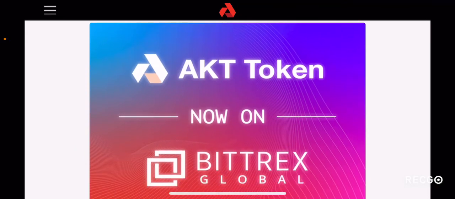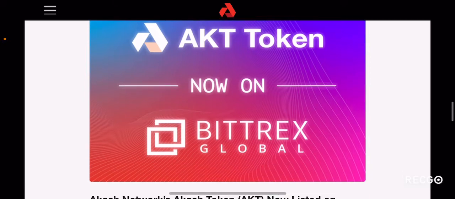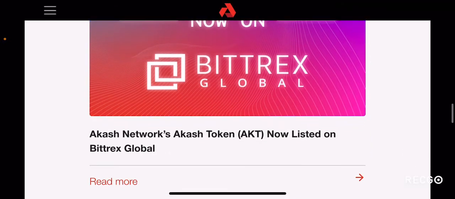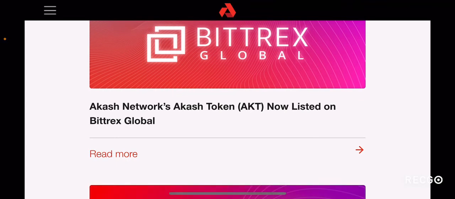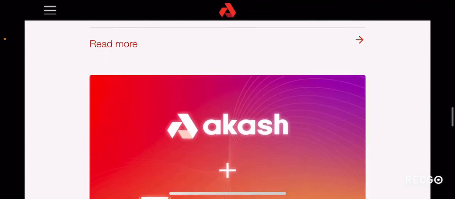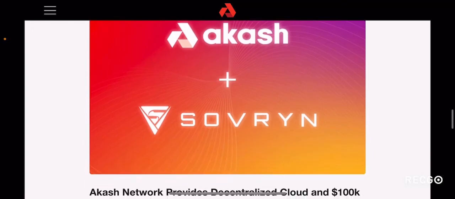So apart from that, the AKT token, the native utility token of the Akash network, has also recently been trading on Bittrex Global, which is also one of the most popular tier 1 exchanges. Akash network's Akash token, or AKT, now listed on Bittrex Global, right? So that's very interesting. Akash plus Sovereign.